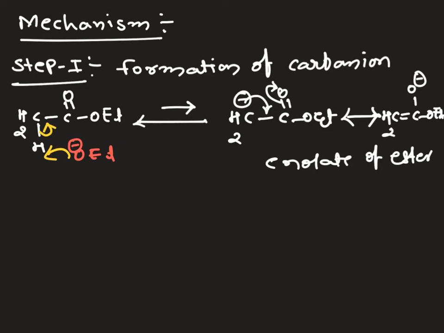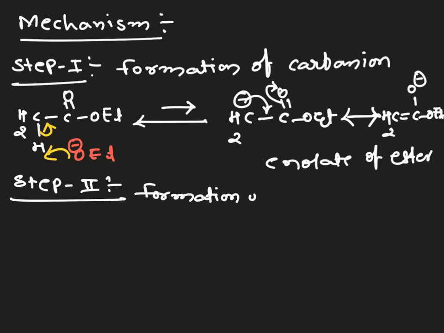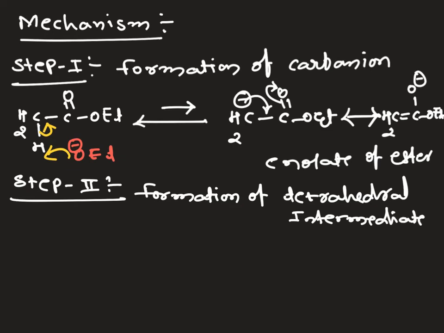The second step is formation of tetrahedral intermediate. Whatever enolate is formed from the ester will undergo nucleophilic acyl substitution reaction with another mole of ester, which gives a tetrahedral intermediate.